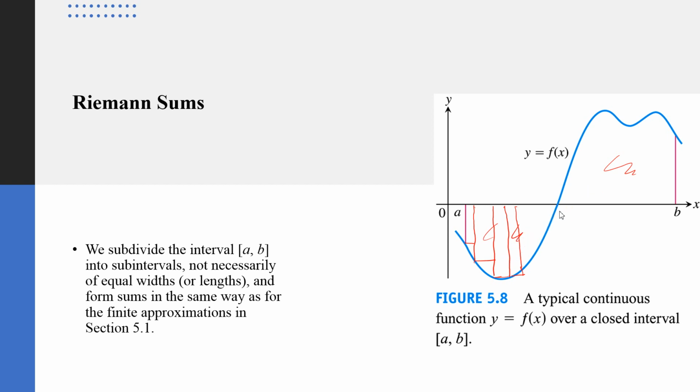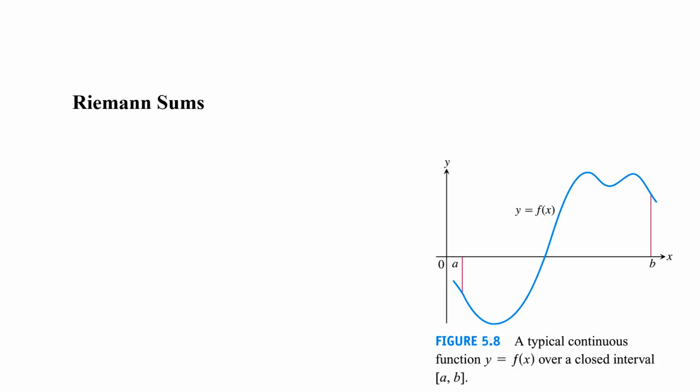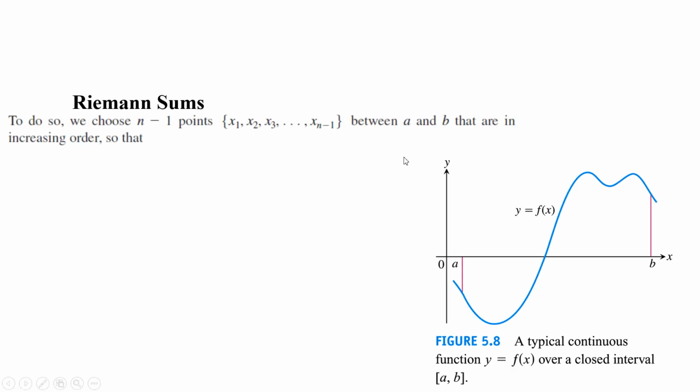We have to find this area by using these sums. So the next step to do so, we choose n minus 1 points, x1, x2, x3 up till x n minus 1, between a and b, that is excluding a and b. So between a and b, let's have n minus 1 points that are in increasing order, so that a is less than x1, and so on, and b is greater than all of them; all these points are in increasing order.